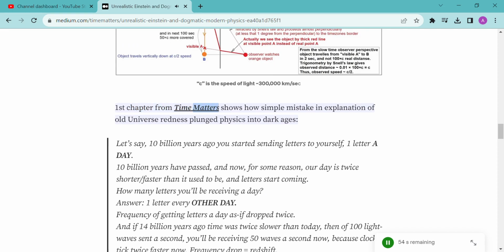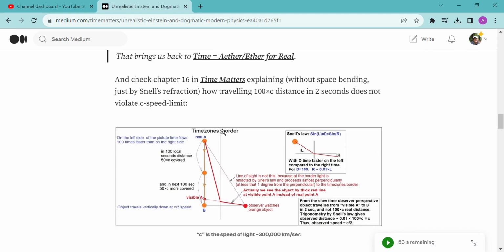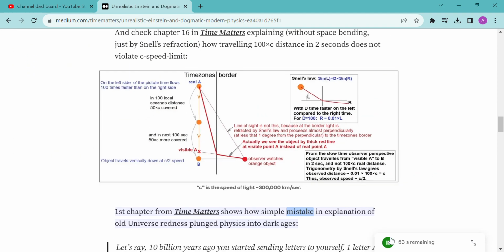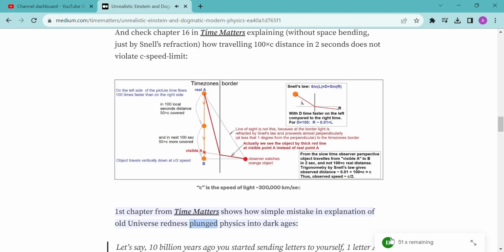The first chapter from Time Matters shows how simple mistakes, a mistaken explanation of old universe redness, plunged physics into dark ages.